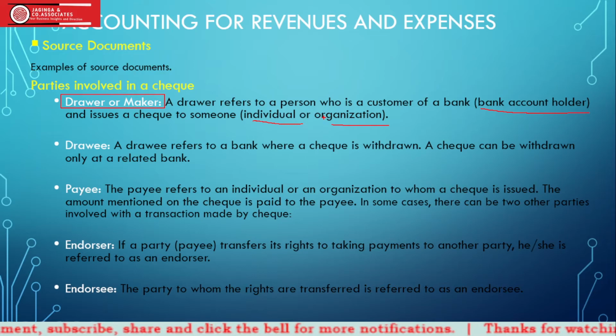In short, the drawer or the maker is the payer, the person who is giving out a check to pay someone. And then we have the drawee, and here the drawee refers to a bank where a check is withdrawn. A check can be withdrawn at only a related bank. So the drawee is a bank where a check is withdrawn.